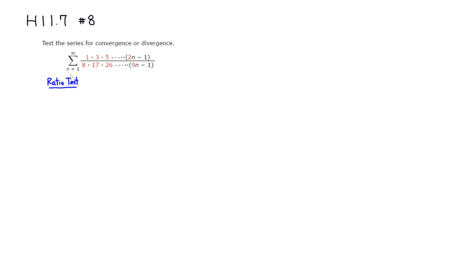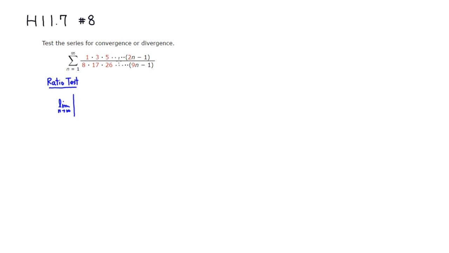We're going to have a limit as n approaches infinity, then a big absolute value. We have a_(n+1).